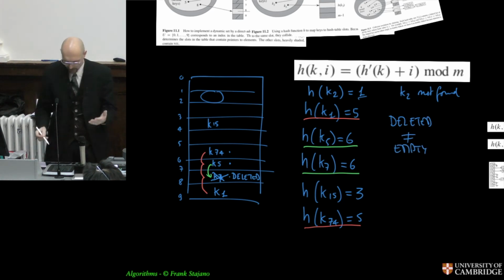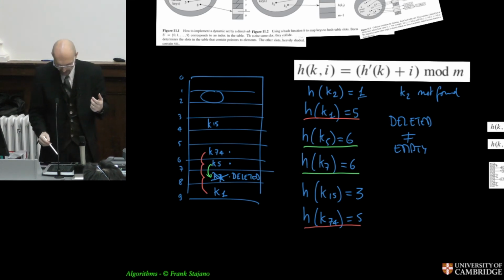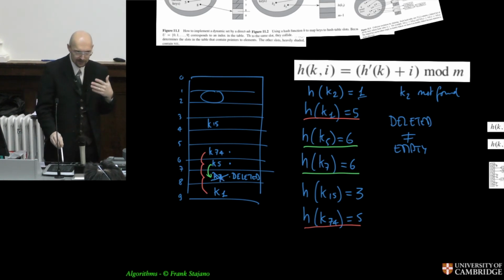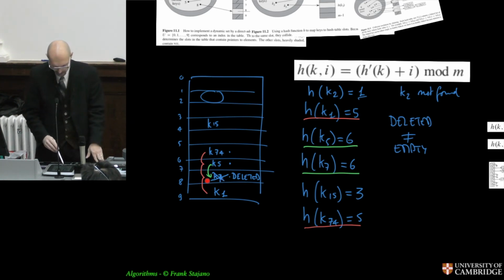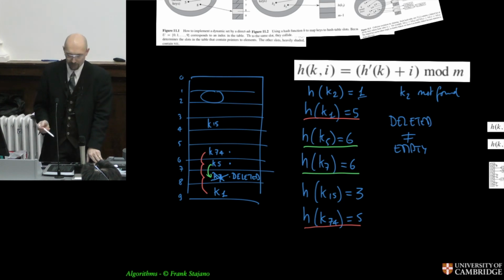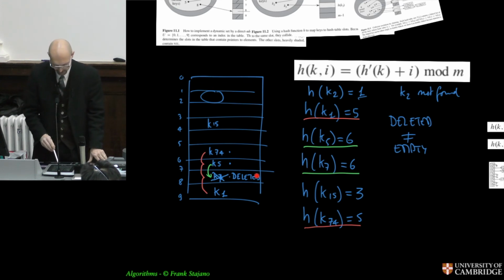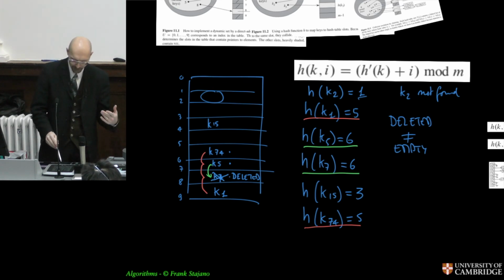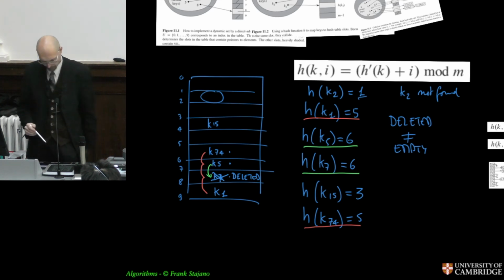In the sense that when I look for a key in the table, I treat the deleted entries as the same as if they contained a key that's not the one that I was seeking. However, when I insert, I treat the deleted entries as empty slots. I can overwrite this thing, but I cannot stop my search at this thing. So this type of probing function is unsatisfactory.